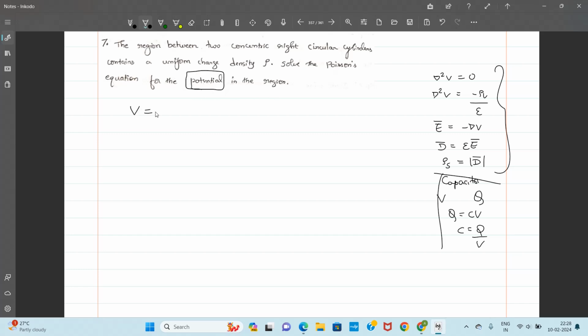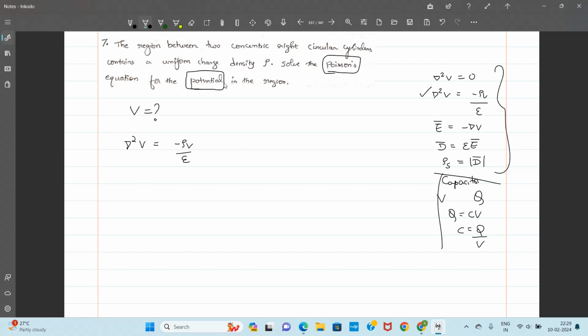You need to get the equation for potential, and they are telling you that you are supposed to use Poisson's equation. And Poisson's equation is this: del square V is equal to minus rho V by epsilon. You have to do some simplification to this equation and get the solution for potential.